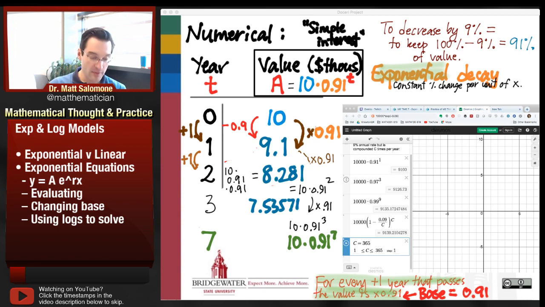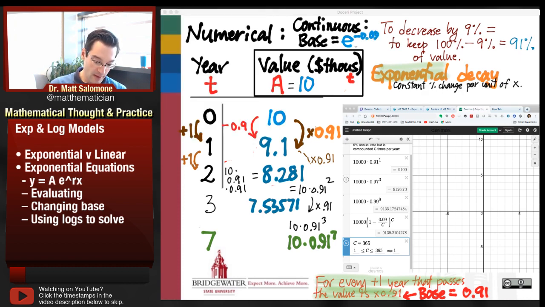And so for a simple depreciation model that loses 9% once a year, one compounding, 0.91 ends up being the base. But for a continuous model, according to what we said on the previous screen, the base of this exponential, rather than being 0.91, it's going to be e raised to the minus 0.09.